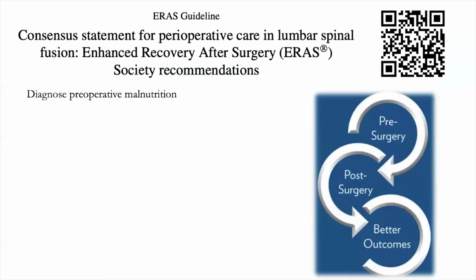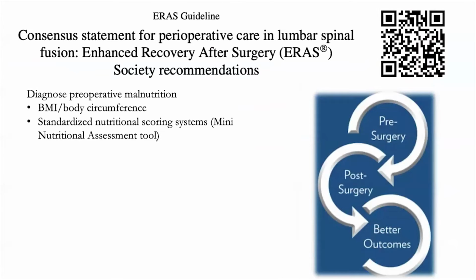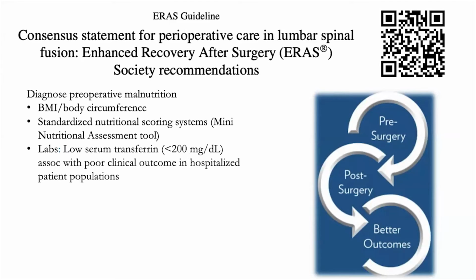On the other hand, let's look at the ERAS guidelines for the perioperative care in lumbar spinal fusion. They also recommend that we diagnose preoperative malnutrition. We can look at, of course, BMI. We can use, once again, a nutritional checklist, such as they specifically suggest the MNA, Mini Nutritional Assessment tool, that I'll show you in a moment.